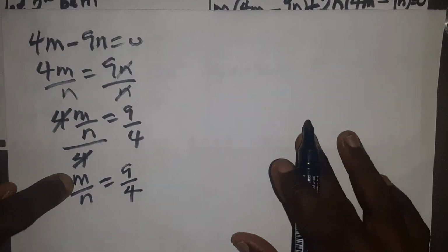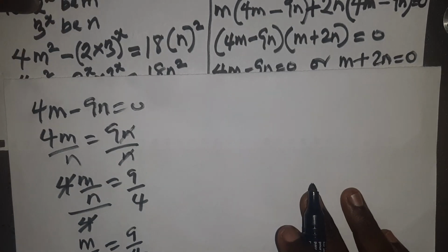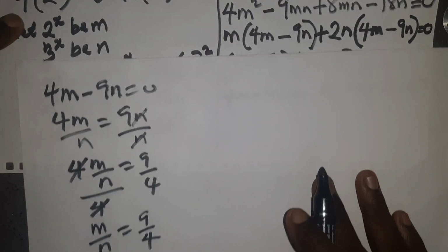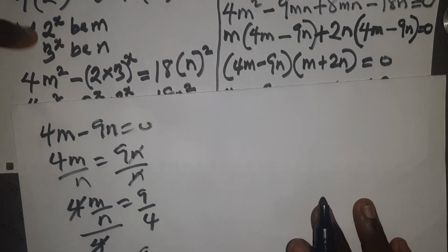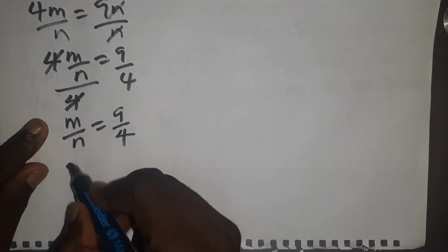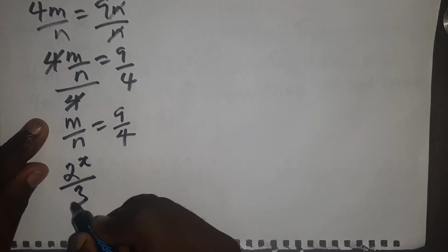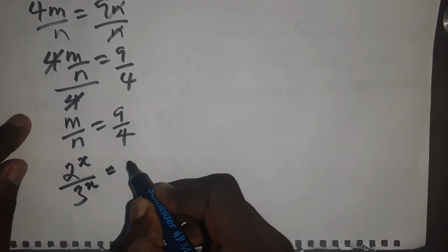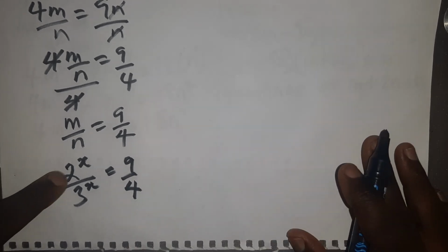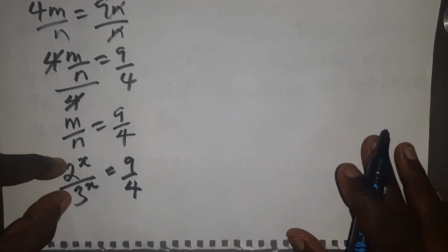But don't forget that m is equal to 2 raised by x, and n is equal to 3 raised by x. So I'll replace them back. So I have 2 raised by x over 3 raised by x equals 9 over 4. So we could invert this.